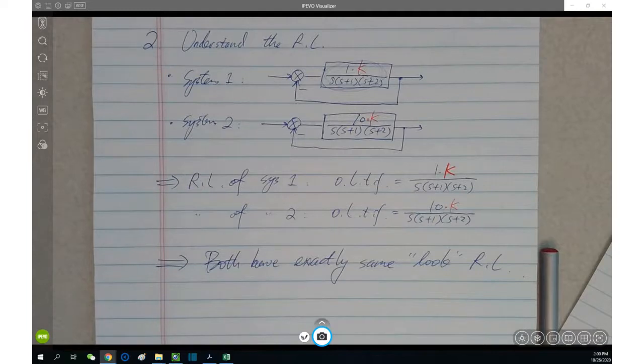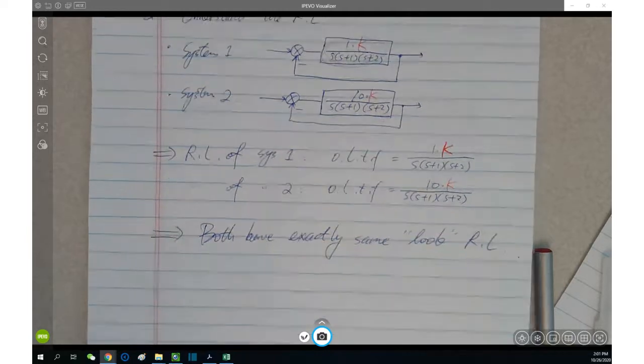Or say why they have exactly the same look root locus? Well, because the poles are staying exactly the same. The only difference is just a constant. So we could just multiply system 1 by 10, and that's the exact same thing. And since we're sweeping k, increasing it from 0 to infinity, eventually these two are going to converge to the same thing, right?